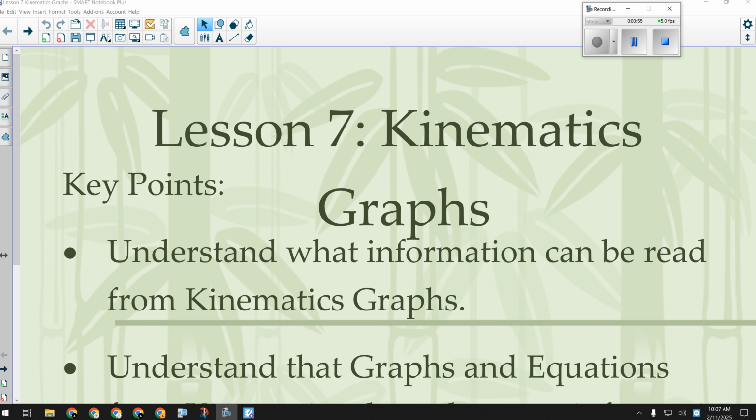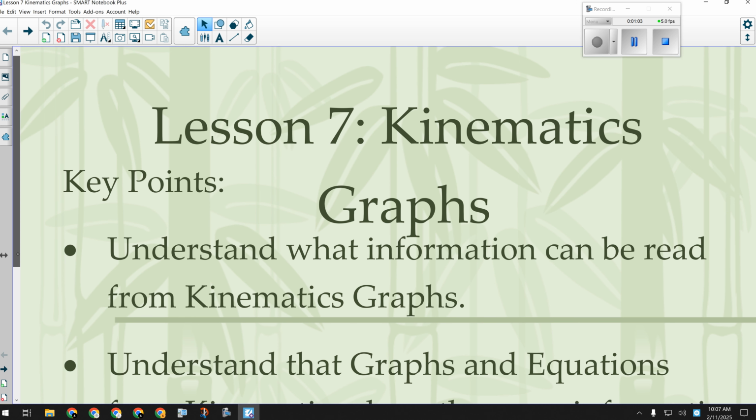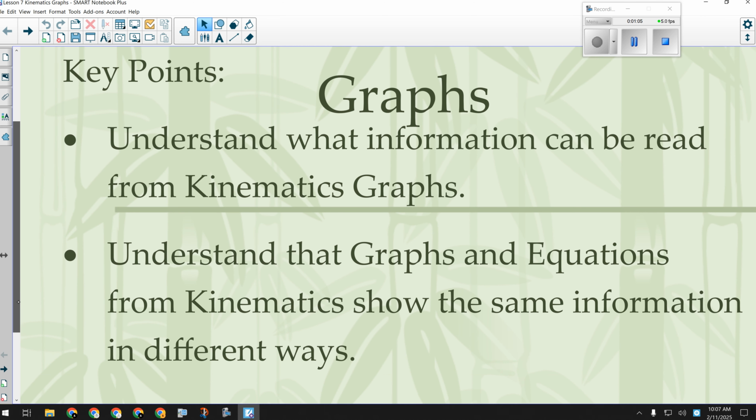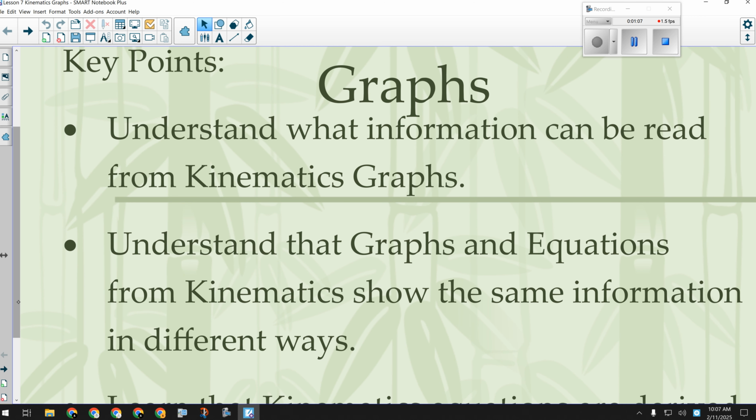Okay, if you remember doing that from Science 10. So, we are going to review and understand what information can be read from the two types of kinematics graphs, and understand that the graphs and the equations that are on your formula sheet are basically derived from each other. Or rather, the formulas are derived from the graphs, and they're just showing the information in different ways. Lots of those word problems that we did at the very beginning with v equals d over t can be very easily translated to graphs.